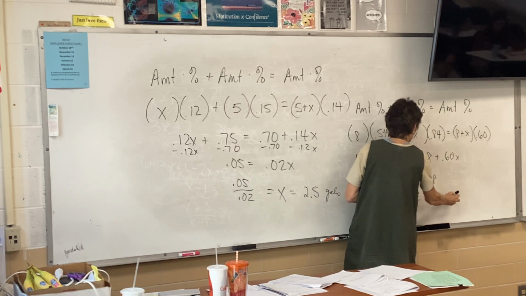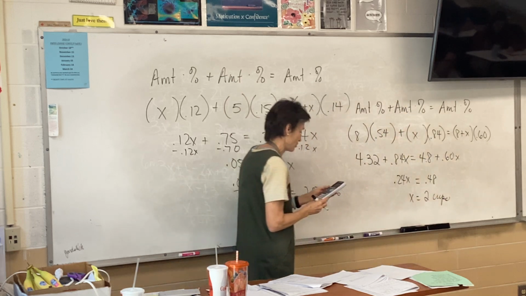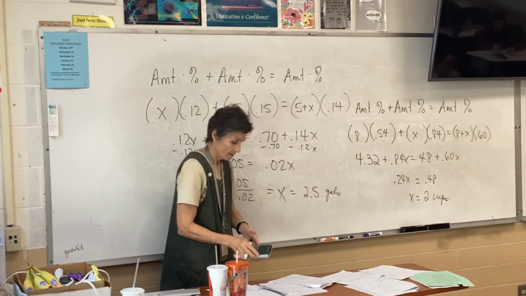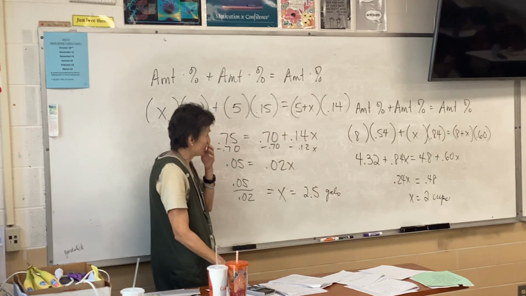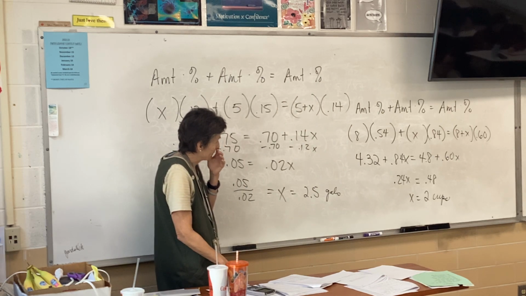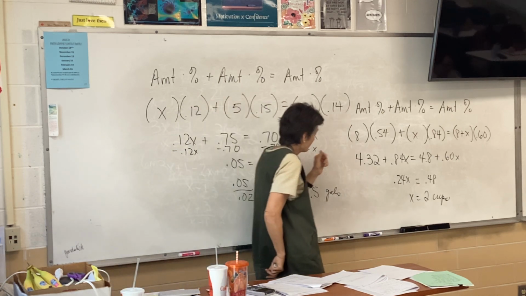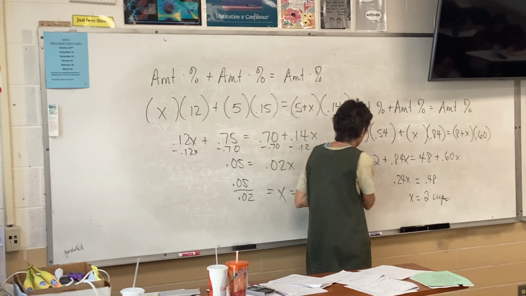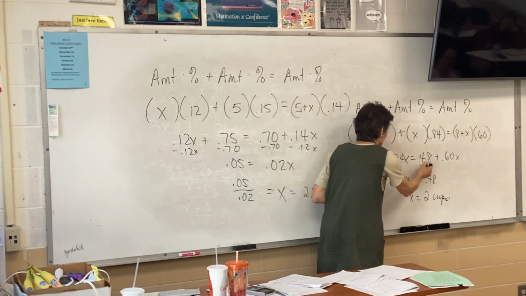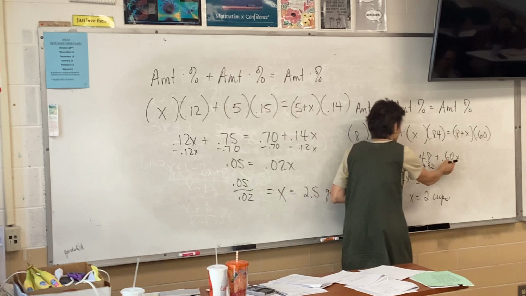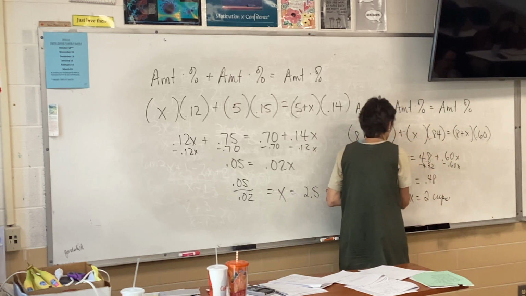This time I got 2 cups, but I'm gonna let you check that a little bit. Make sure that's what you got. I subtract the 4.32. And subtract the 0.67.